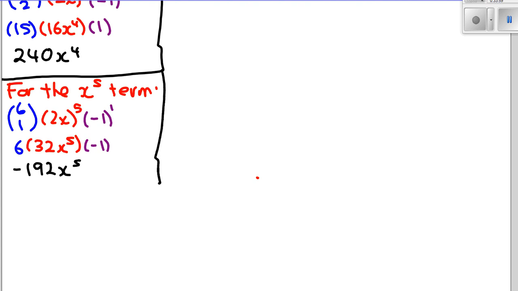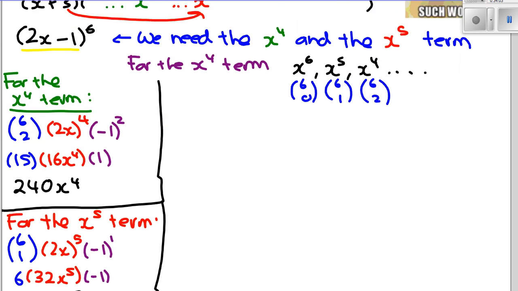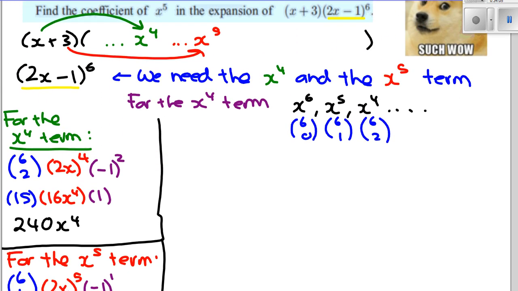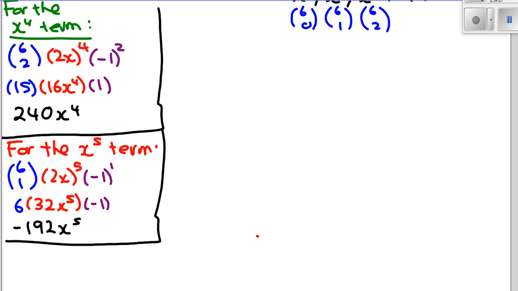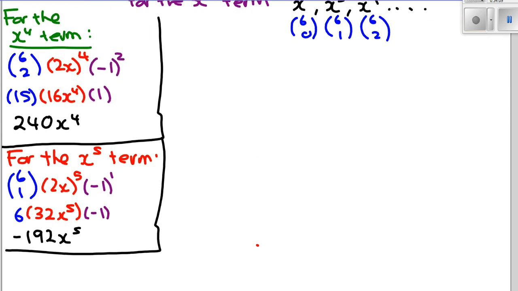So we've found those 2 terms. Now let's set up this expansion again, like I did at the top, but we'll do it maybe on the side. What is it again? x plus 3. Don't be like me when I first did it and write x minus 3. I have to do it all again. x plus 3. And then in the whole big expansion, we would have had an x to the 6 term. Doesn't matter what that is though.